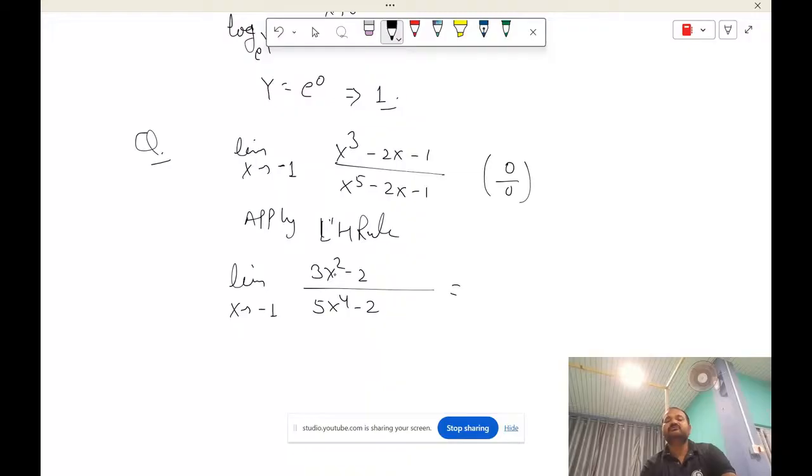So 3 minus 2, it will be 1, upon 5 minus 2, 3. Since it is not coming in the 0 by 0 or infinity by infinity form, in only one step its value has come. So we can write this as the final value for this limit.